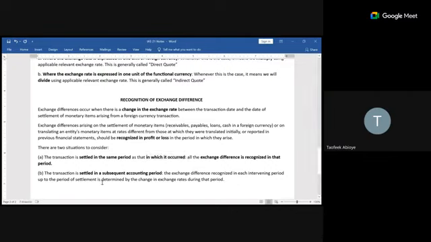But if the settlement date is in a subsequent period, then the transaction date is in the last period. So we are going to recognize the exchange gain during that period of settlement. So that is it. Hope people understand.